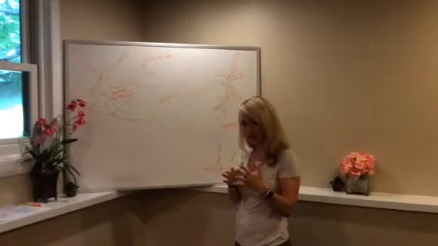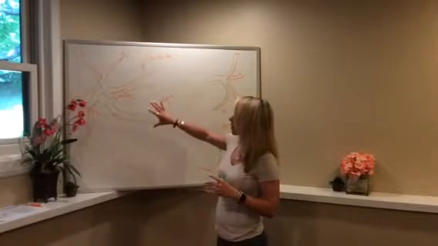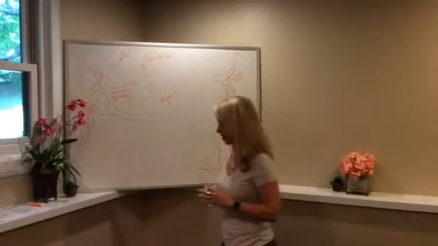Now getting to the autistic piece, okay? Around this axon, there's something called a myelin sheath.